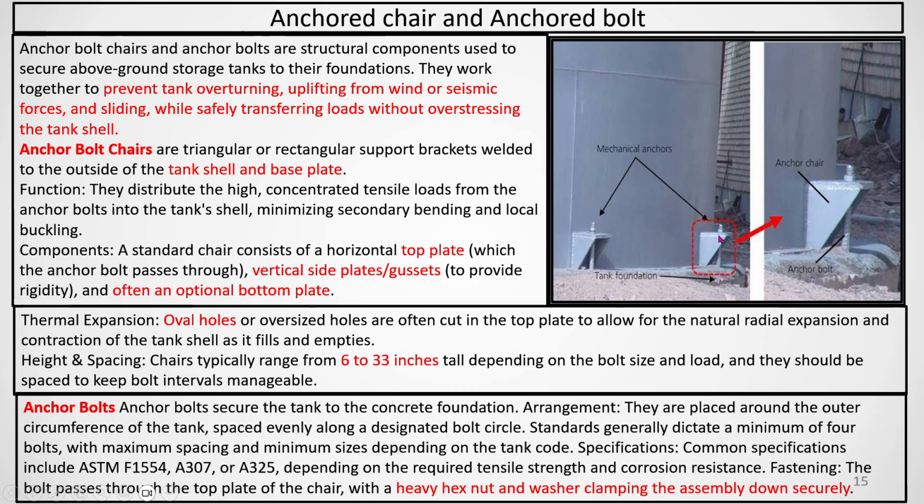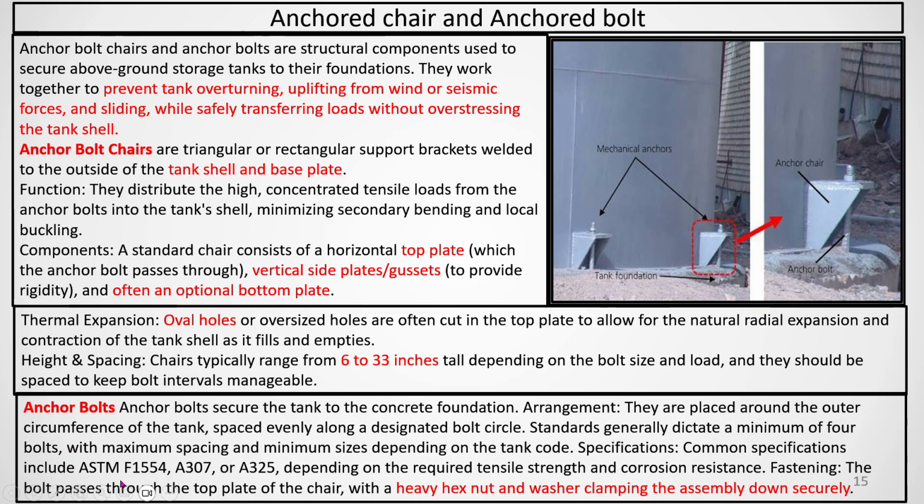That's why it should move freely. And above the chair there is also a reinforcement plate. And not only that, the nut has to be properly tightened along with the washer. And for the anchor bolts, the spacing should be equal all over the tank.